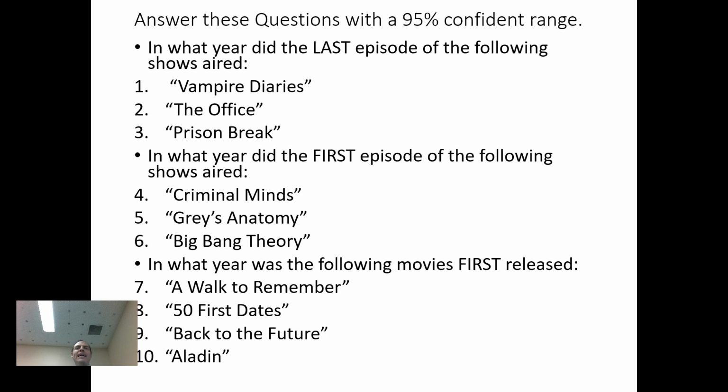The Vampire Diaries, The Office, Prison Break. In what year did the first episode of the following shows air? Criminal Minds, Grey's Anatomy, Big Bang Theory. I want ranges. And in what year were the following movies first released? A Walk to Remember, 50 First Dates, Back to the Future, and Aladdin.